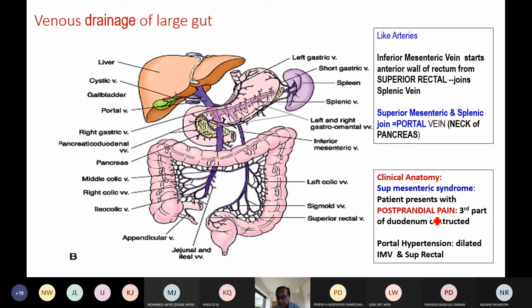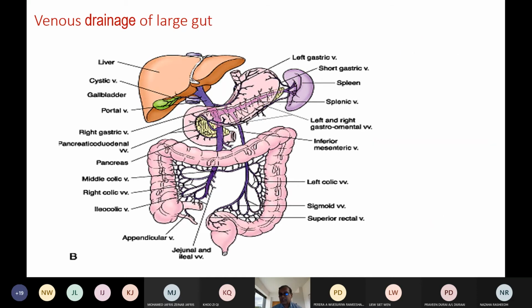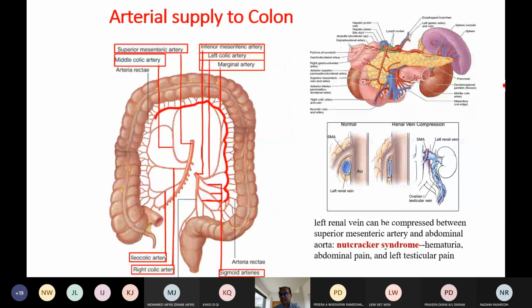So superior mesenteric artery blockage will produce typical pain just after eating. Not only that, in this picture you can see superior mesenteric artery dilatation can also cause obstruction of the third part of the duodenum.